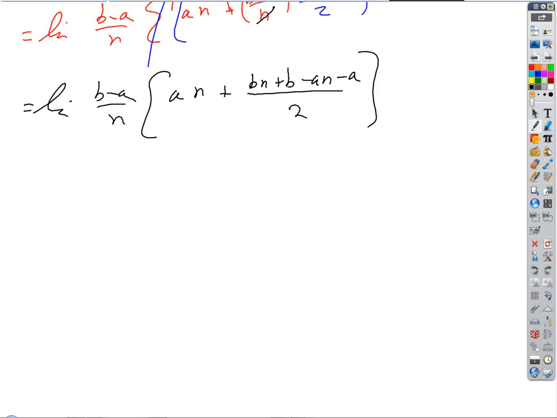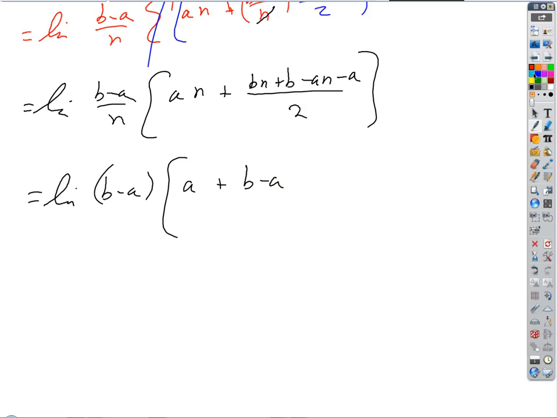Okay, and we're going to get, so if I distribute that all the way through, let's distribute the n through first of all. That's going to cancel this guy, so I'm just going to get an a, right? Plus, it's going to cancel this guy and this guy, so I'm going to get a b minus a from those two.